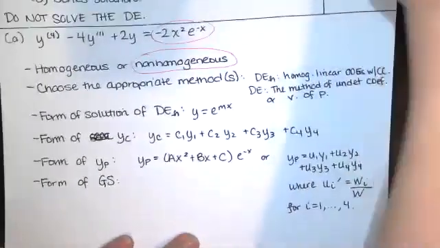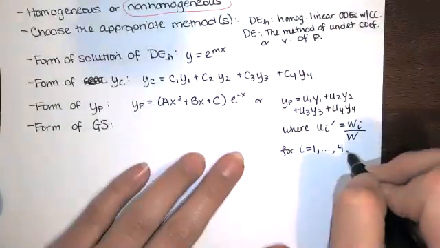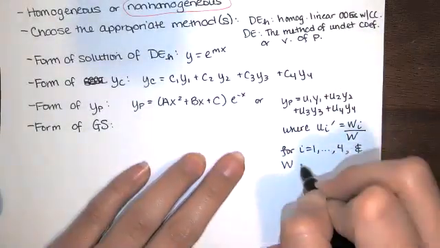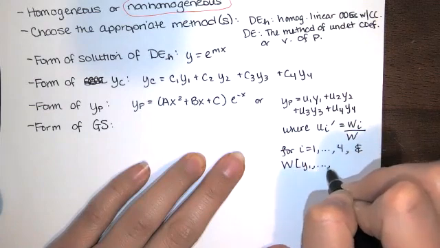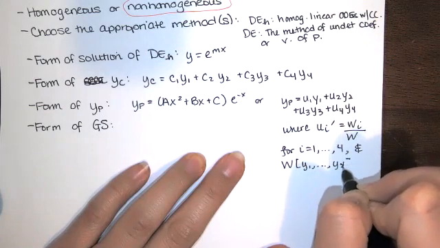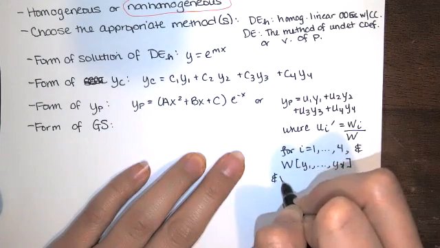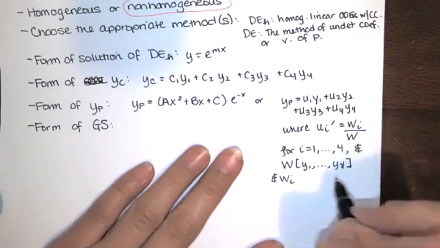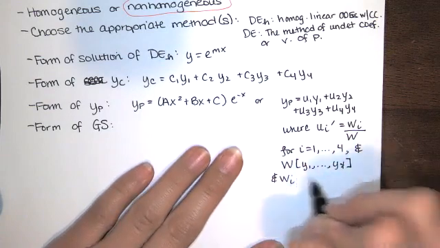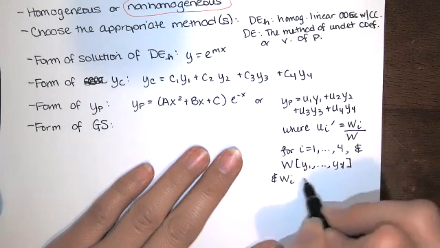And the w is the Wronskian of y sub 1 through y sub 4, and the w sub i are very similar to the Wronskian.